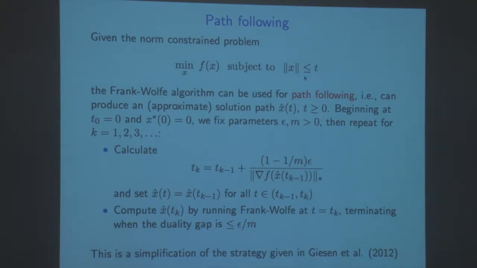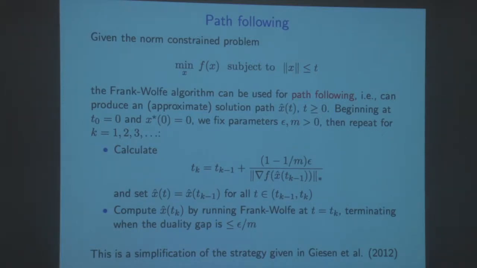So we pick some value of t given a bunch of solutions. We're interested in basically the solution path to this problem, which means the solution as t varies from 0 onwards. And we could do that by just laying down a grid of values, right? We can choose some dense grid of values over a big range of t's and solve all those problems with Frank-Wolfe or whatever our favorite method is.